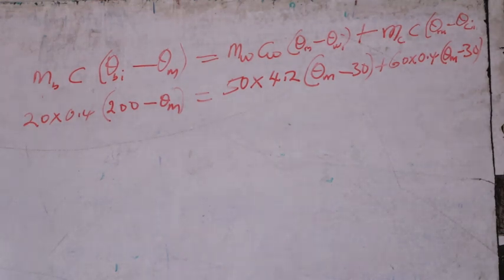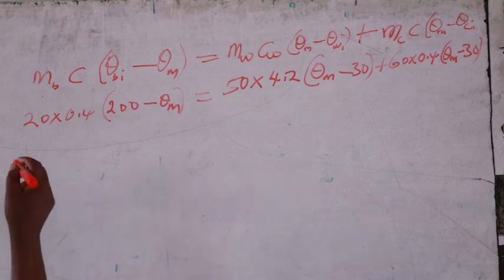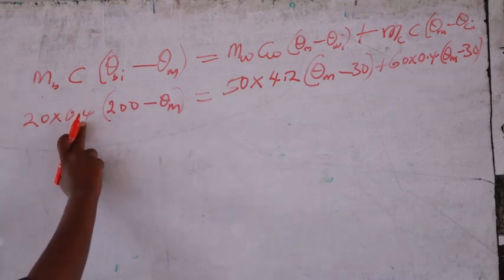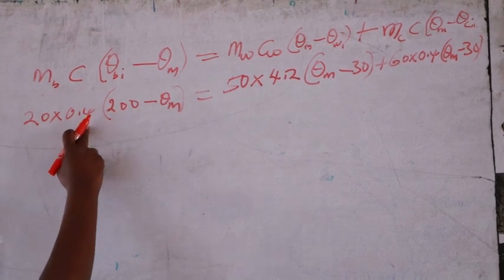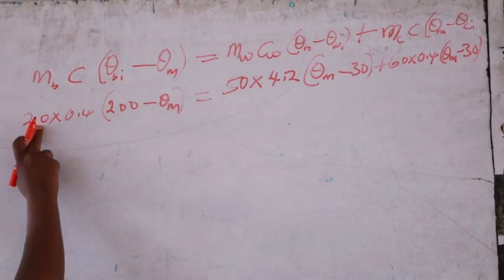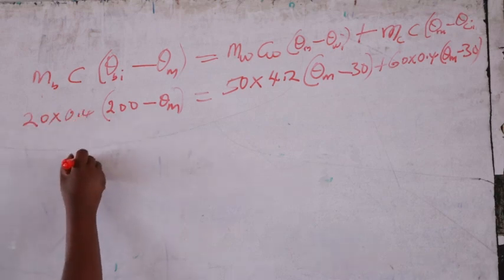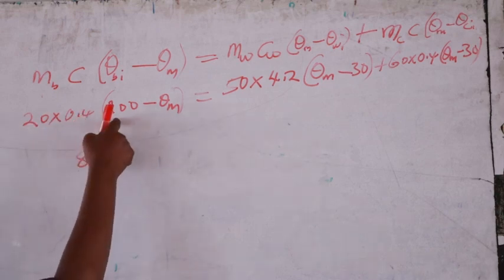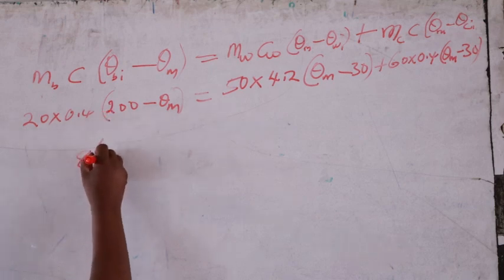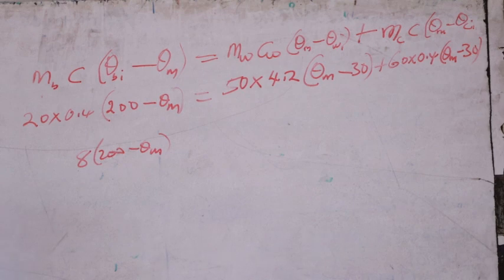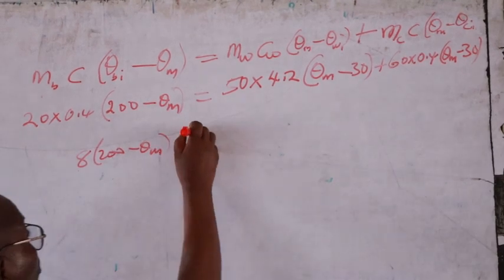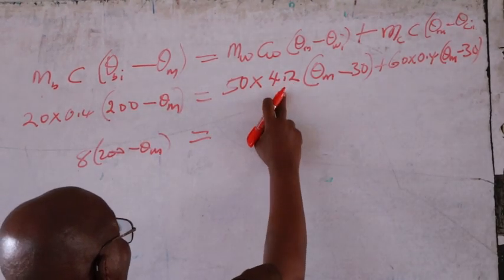How will this happen? Of course, like I said the other time, you can write this one in fraction from decimal. If you do that, you have 4 over 10 times this. 10 will cancel this. 2 times 4 will give you 8 straight away. 8 times 200. You can say 200 minus theta M without using calculator. Then this also will give you 42 over 10.